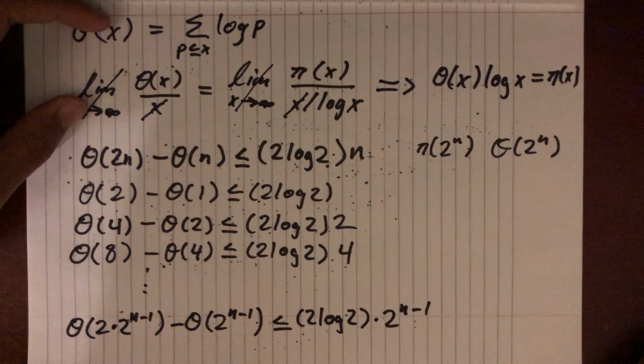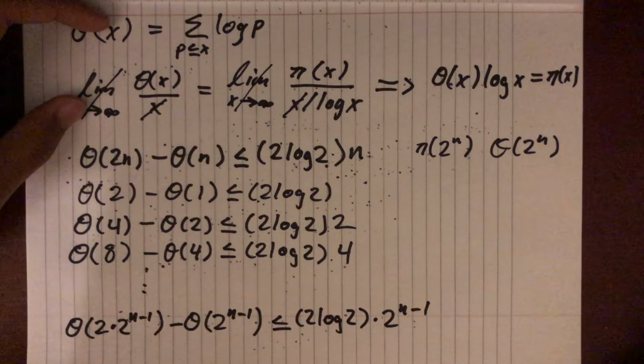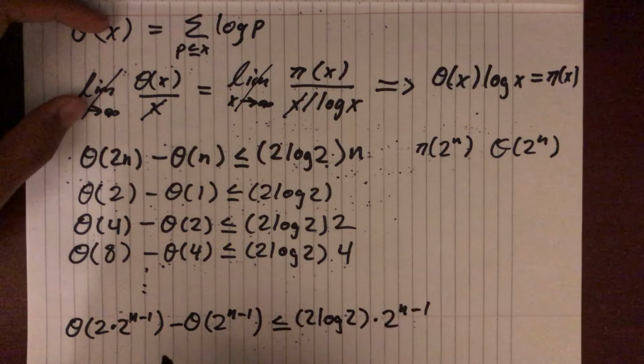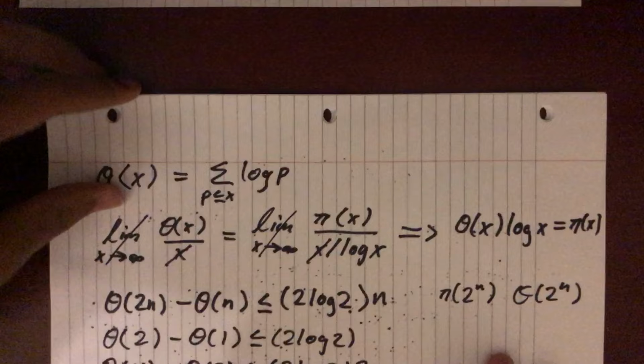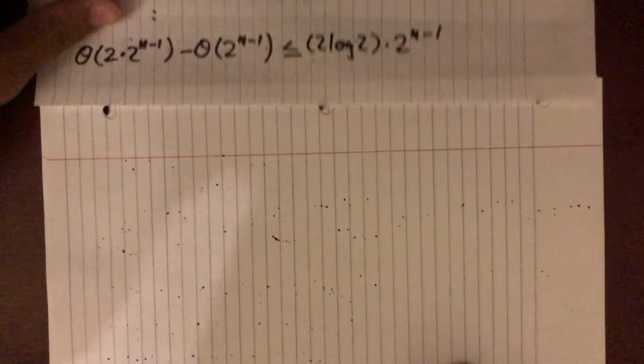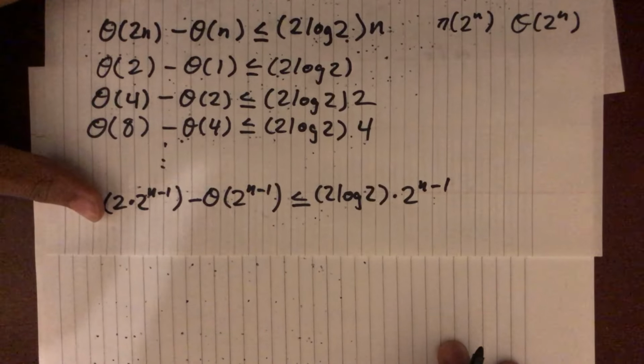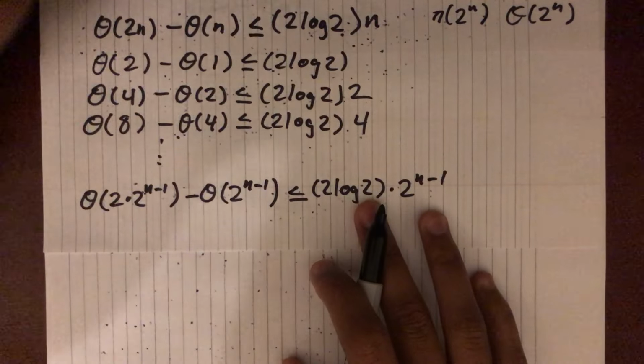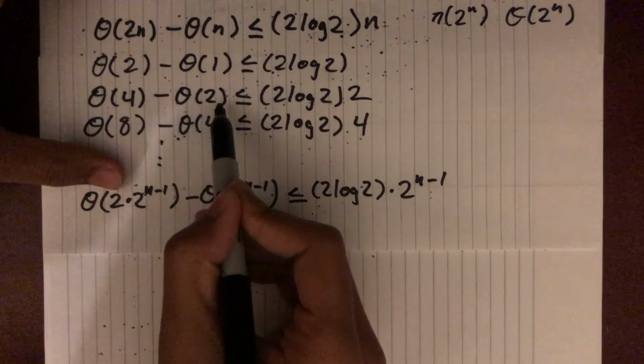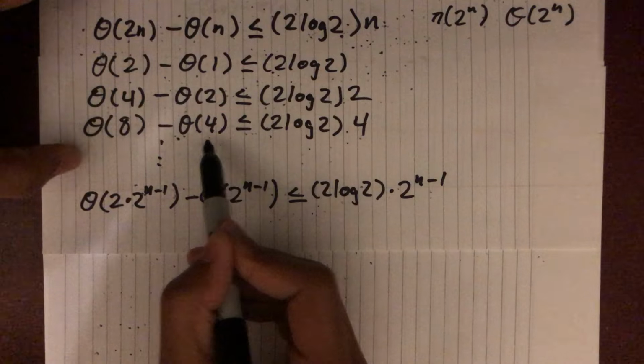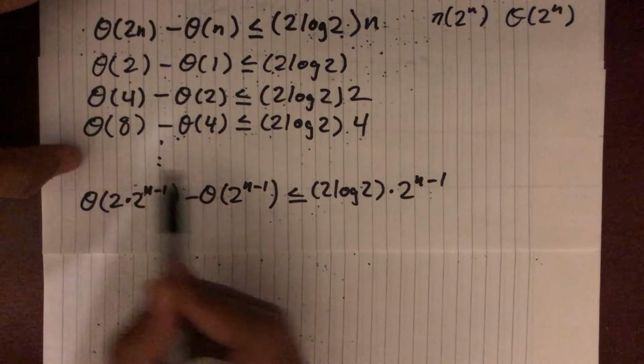And now I notice if I sum these all up, I get some nice cancellation, right? Like theta of 2 will cancel this theta 2, theta 4 will cancel this theta 4, theta 8 will cancel this.